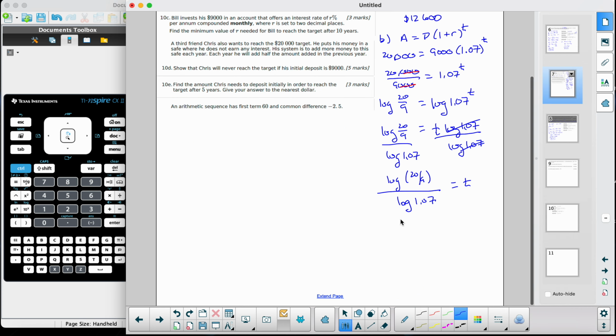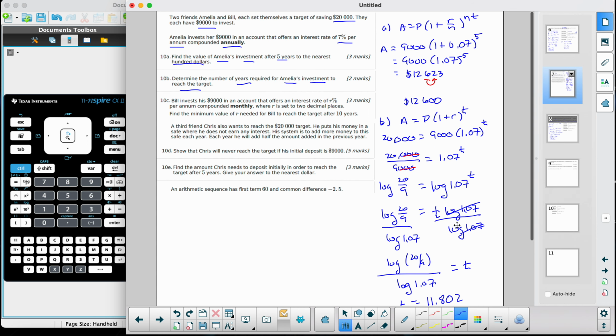T equals 11.802. Now we have to interpret this. Determine the number of years required for Amelia's investment to reach the target. Now, it's calculated at the end of each year.